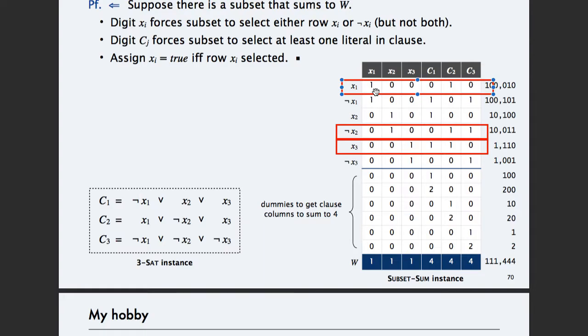On the C3 column, I have 1. In order to make this into a subset sum, I have to choose the last 2 at the bottom, 1 and 2, and that gives me 4. On C2, I have 3.